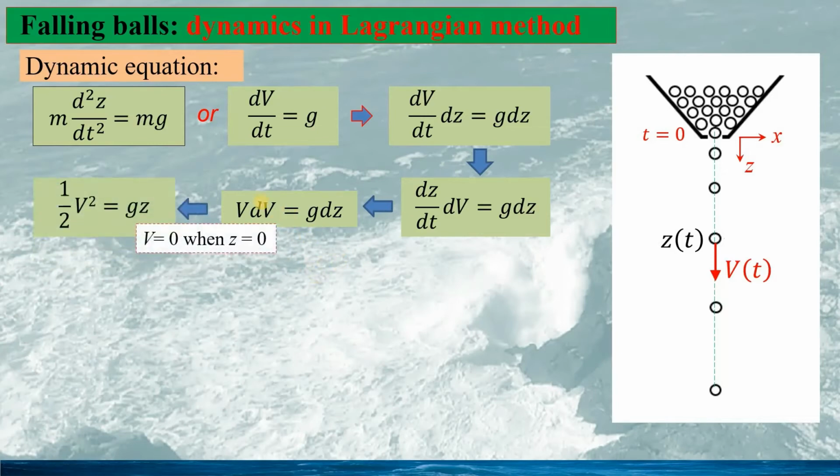And we integrate this differential equation. Consider the velocity to be 0 when z is 0. So we have the expression as this. If we multiply the mass into the equation, we have the expression as this.